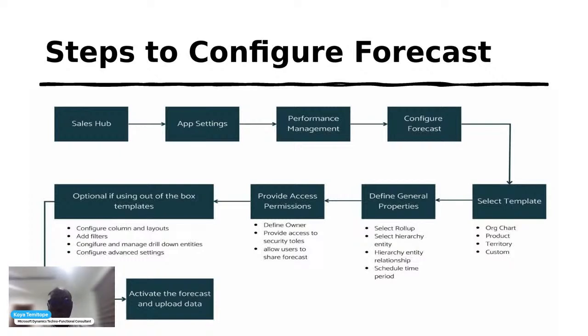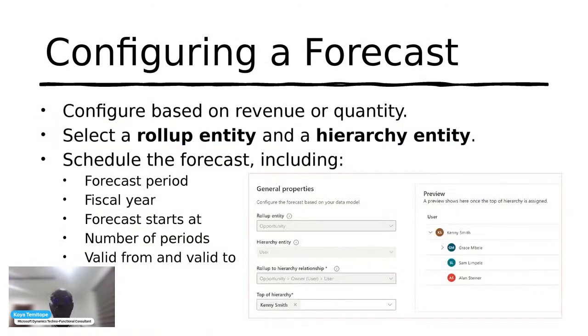Once you are done, you can activate this forecast. When you activate the forecast, you can upload the threshold. We have what we call quotas. Quotas are like targets, and with those quotas, you can track the performance of your salespeople within the time frame that you have defined.